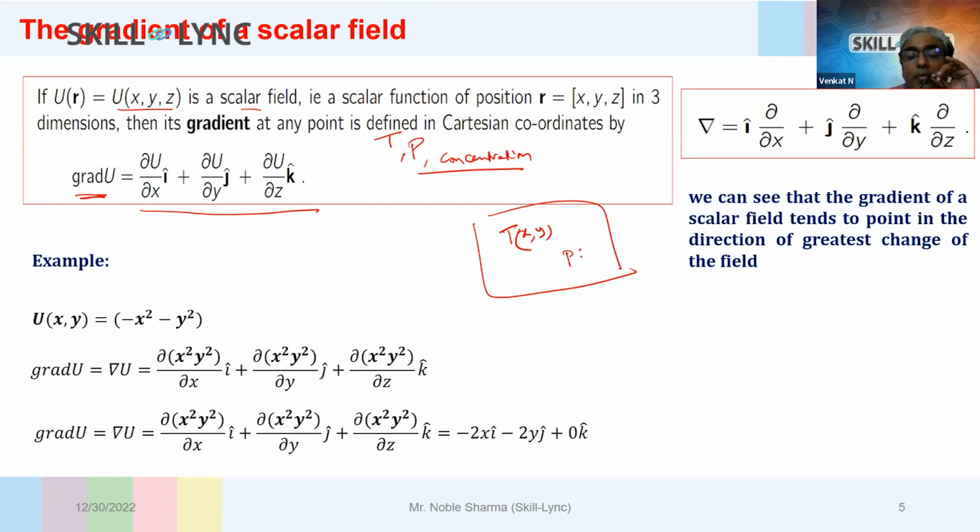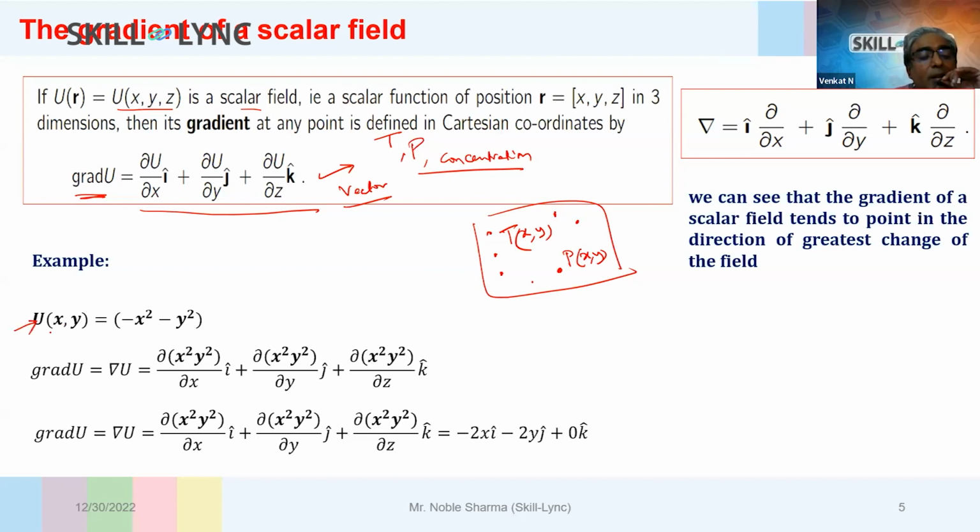Similarly, pressure is a function of x, y. Pressure is different here, it's different here. In this whole plane, the pressure and temperature are scalars, and that is a scalar field. If we have such a scalar field, then the gradient of the scalar field is given by this vector. So this gradient operator actually converts the scalar field into a vector field.